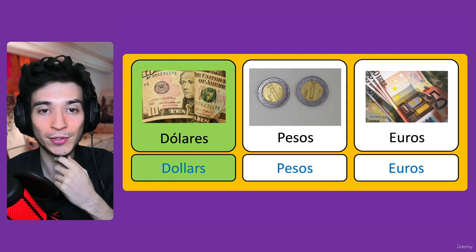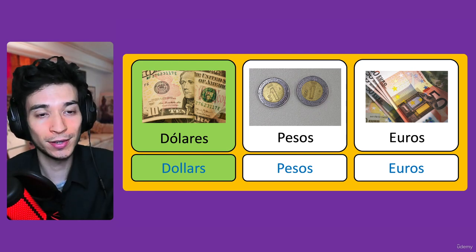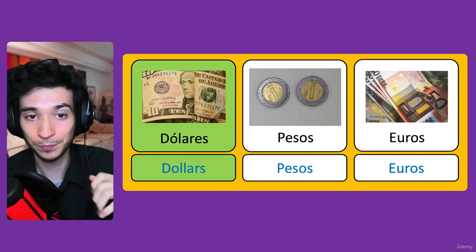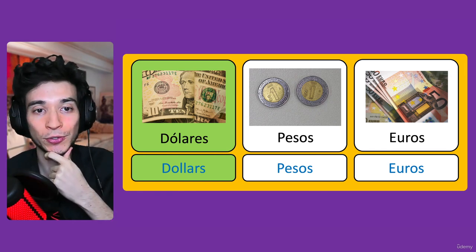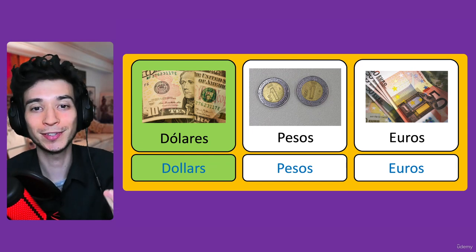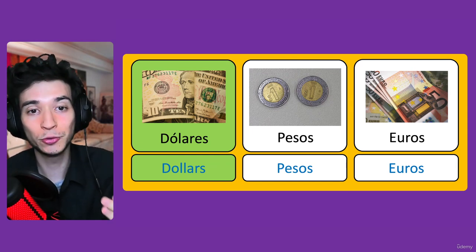If you want to say, for example, Canadian dollars, you have to specify dólares canadienses, or basically any other country that uses their own type of currency that also is called dollars.